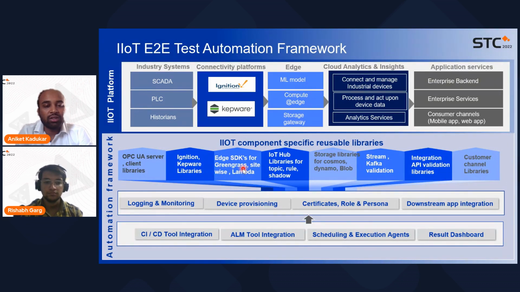Also, we are using the Edge SDKs, Greengrass, as well as IoT Hub libraries. The storage libraries, stream and Kafka validation also we are going to use, and the consumer channel libraries also we are using. So using all these libraries, we have built this IoT automation framework.